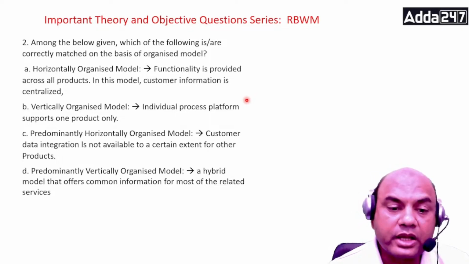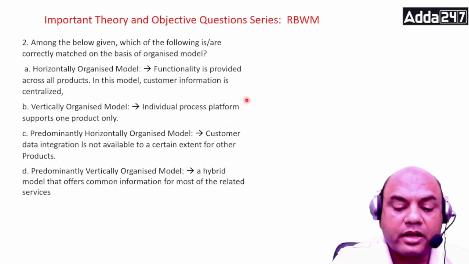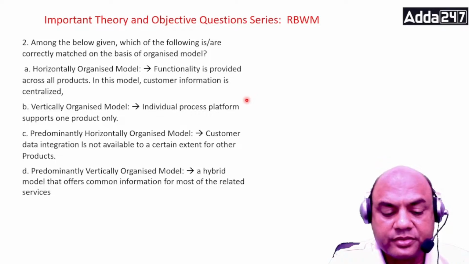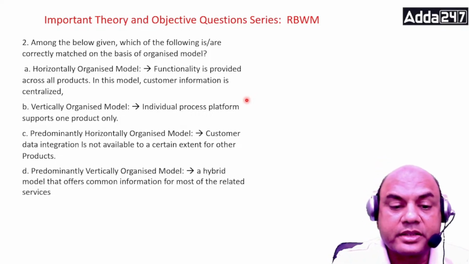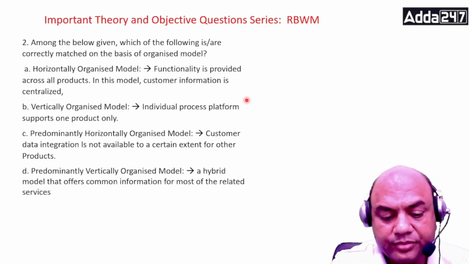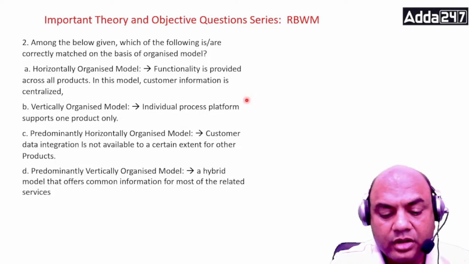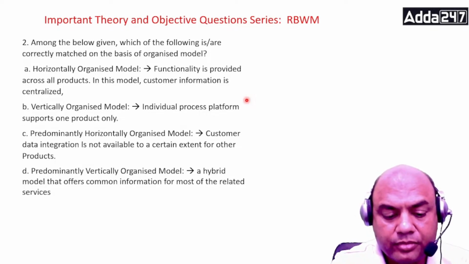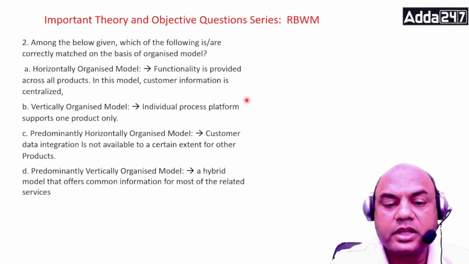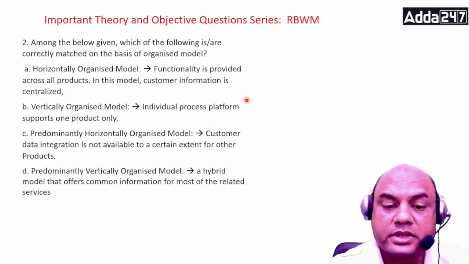Vertically organized: here it is common data across all the products. Common data, and it is customer wise, across all the products.